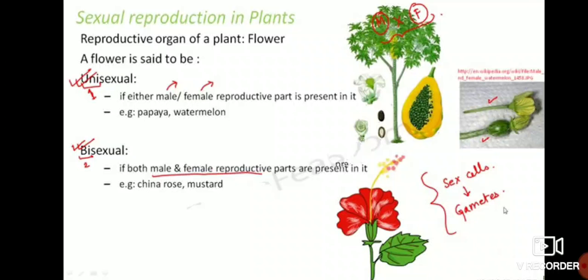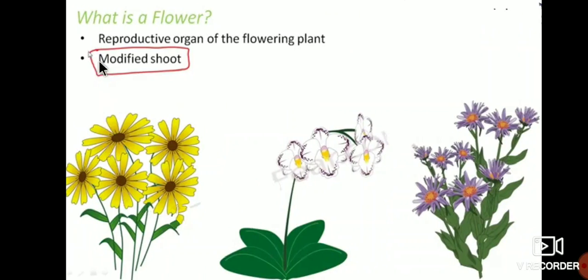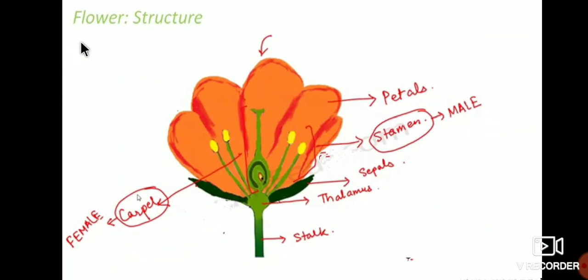And also you studied the difference between asexual reproduction and sexual reproduction. And next you studied what a flower is, and you discussed the structure of the flower. Dear students, today's homework is you should write the structure of the flower and label the parts.